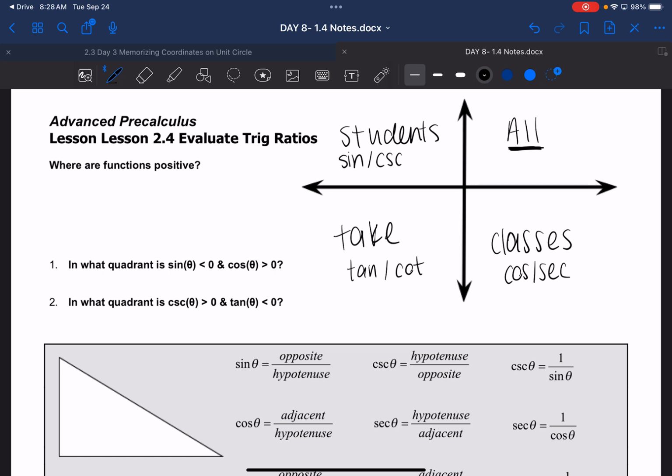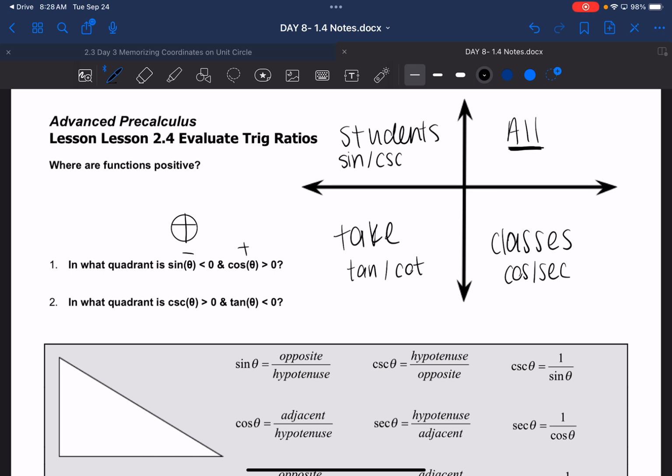Okay. So, quick review questions here. It says, in what quadrant is sine less than 0? Sine less than 0 means negative, right? And cosine greater than 0, which means positive. Okay, well, in a coordinate plane or on our unit circle, where is sine going to be less than 0?